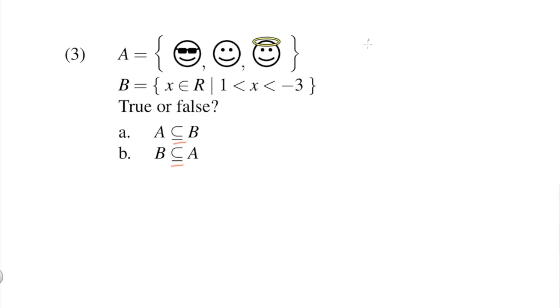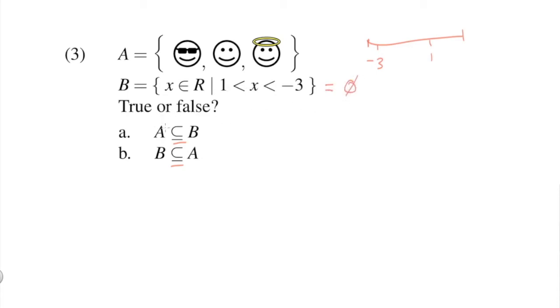Well, again, we know that 1 is to the right of -3 on the number line. So X could never be greater than 1 and less than -3. So B will be empty.